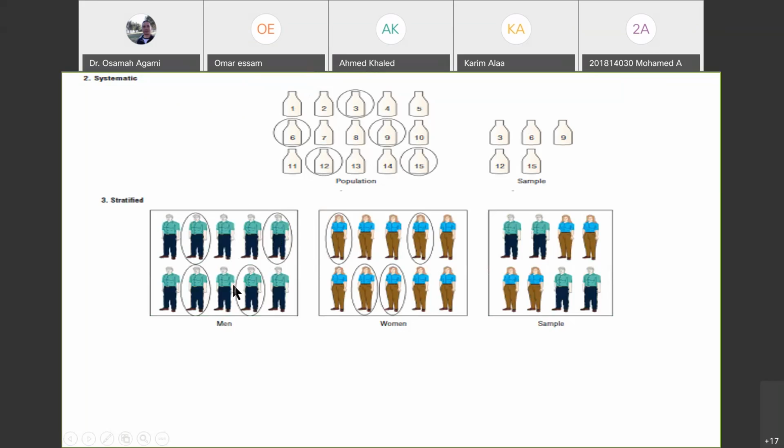So I can take randomly from the men, and also randomly from the women, but I have to take a subgroup from here and a subgroup from here to remember this, my sample, right? No need for the groups to be equal, as I said.